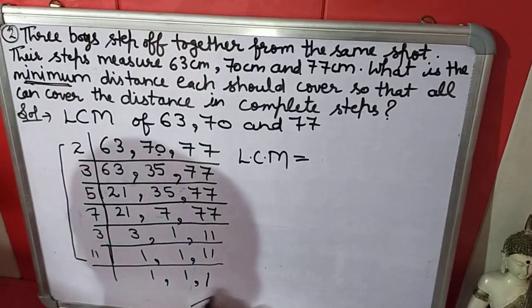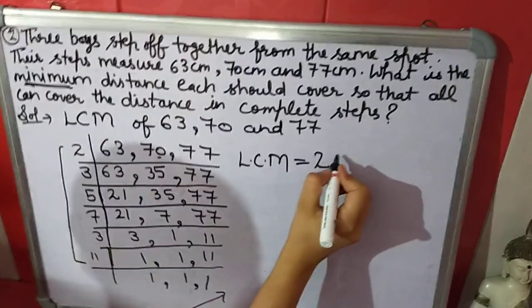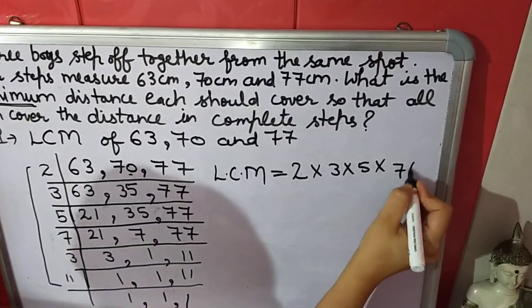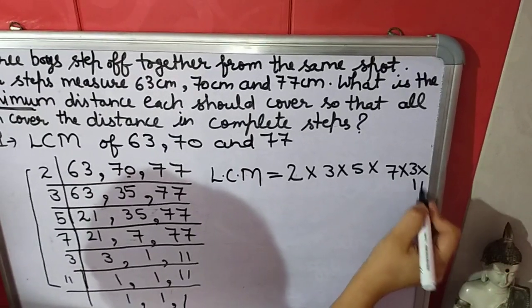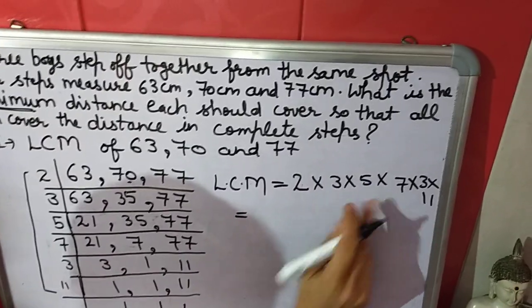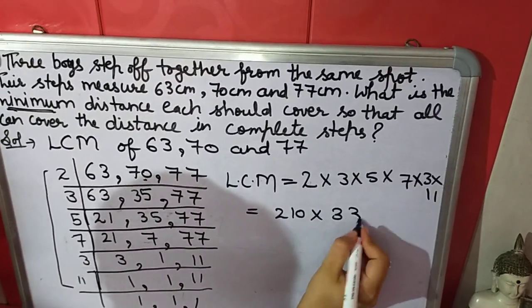Now we will take LCM. We will multiply all numbers. 2 3s are 6. 6 5s are 30. 30 into 7 is 210. Multiply 3 11s are 33.